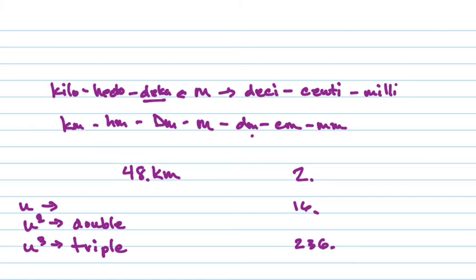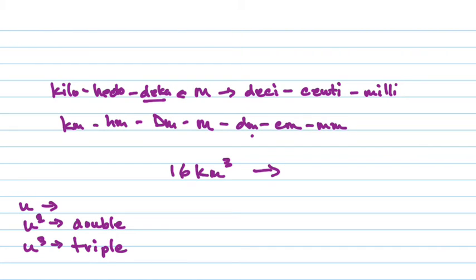Now, I'm just going to put a few up here. Doesn't really matter what they are, because the process is the same. So let's say we have 16 cubic kilometers, and we want to take that to meters cubed. So we start at kilometers and jump to meters, which is 3 jumps to the right.